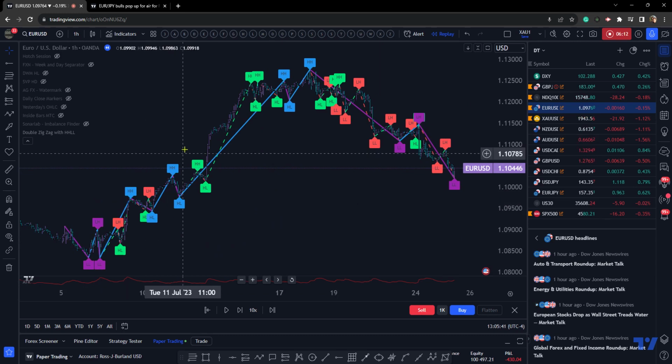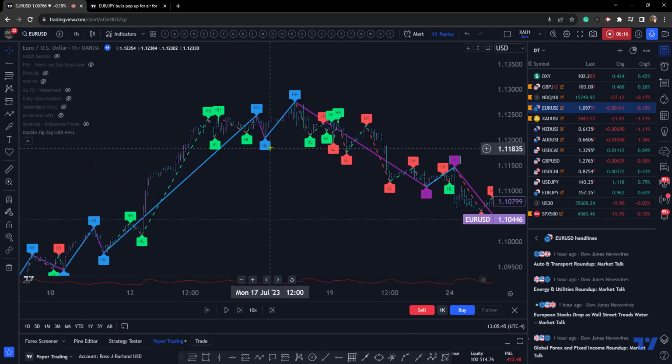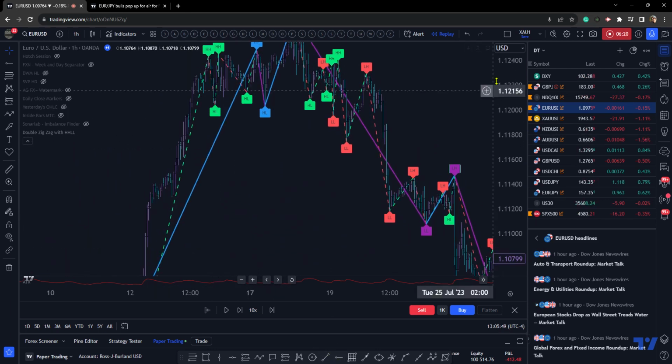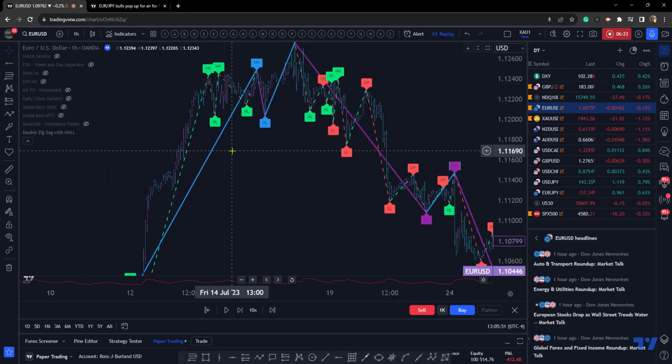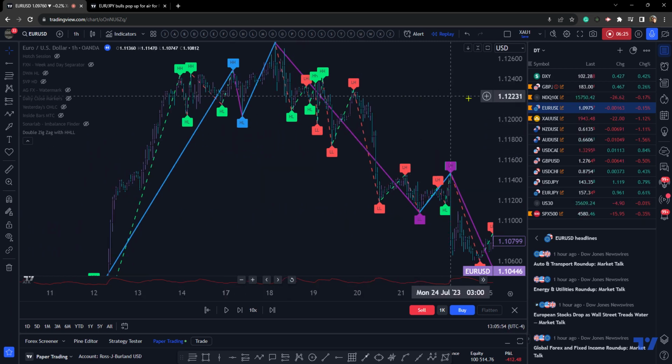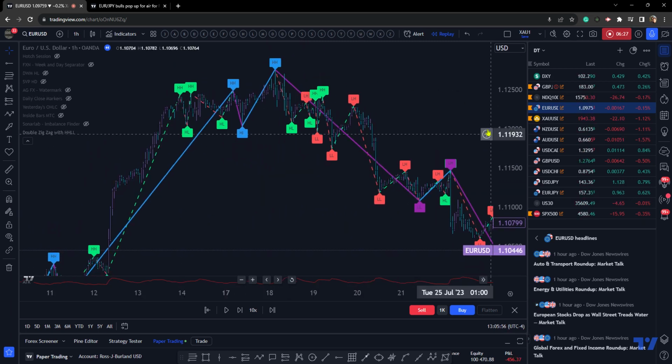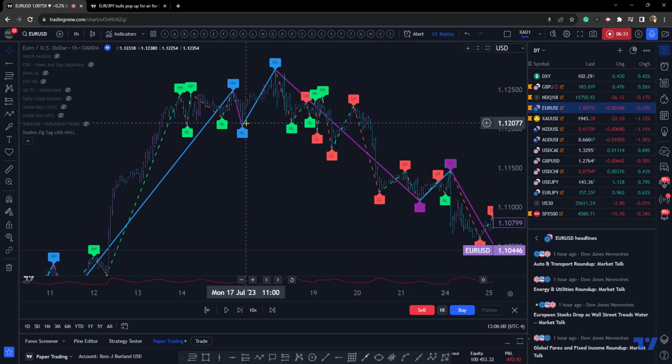I'm looking for the build up of longs, and then I want to determine at what point is the market breaking structure. So I would look for the lowest high, or the highest low before the highest point of that area of consolidation.